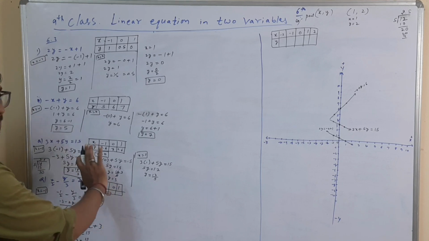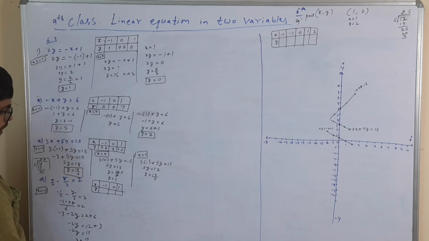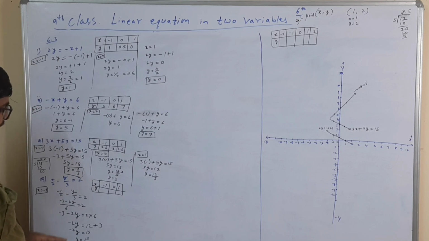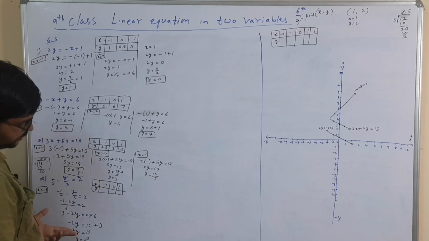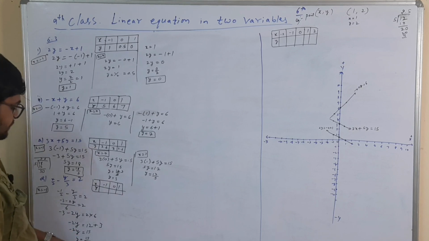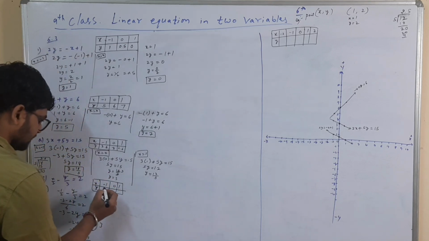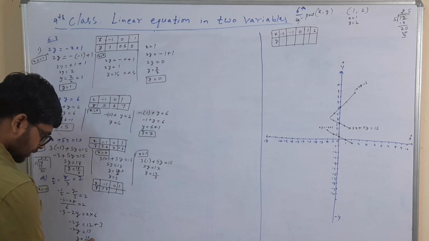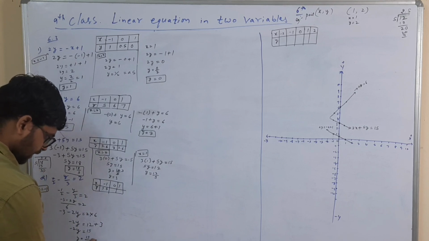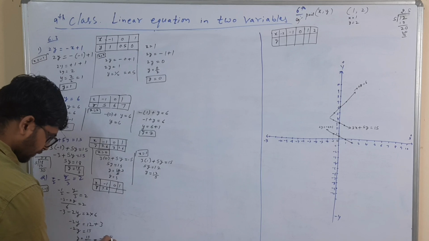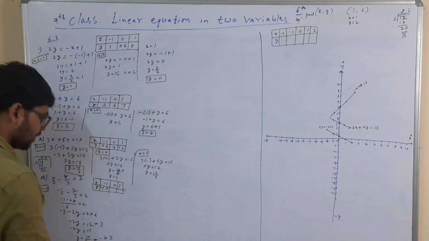The minus goes up, so we have to write a negative value. Half of 15 is 7.5. So here we are getting negative 7.5. This also we got negative.